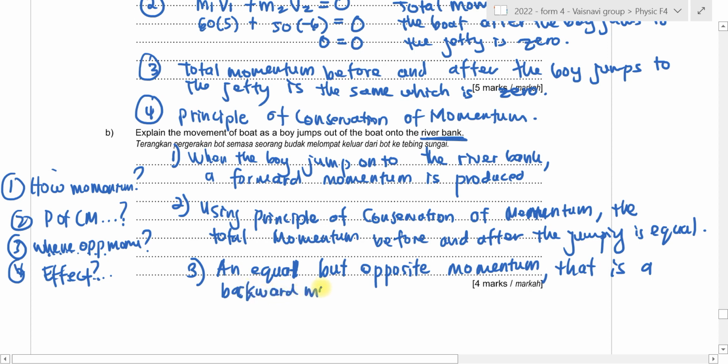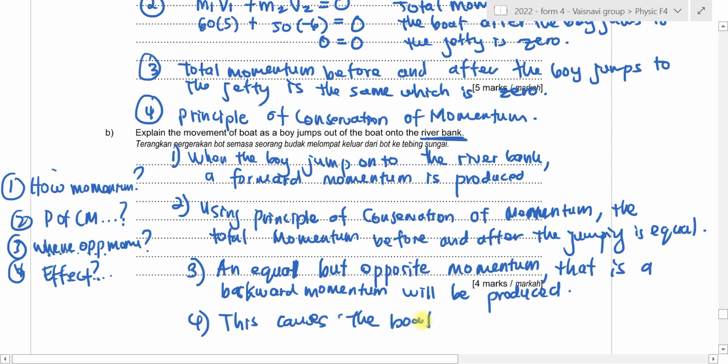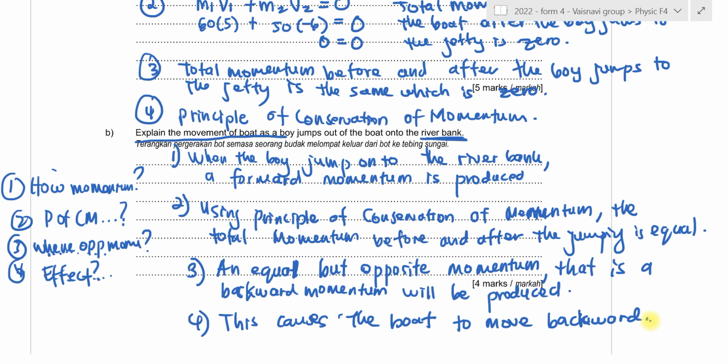A backward momentum will be produced. This causes the boat, dia kata explain the movement of boat. See, this causes the boat to move backward. Okay, then. Done, right. Next.